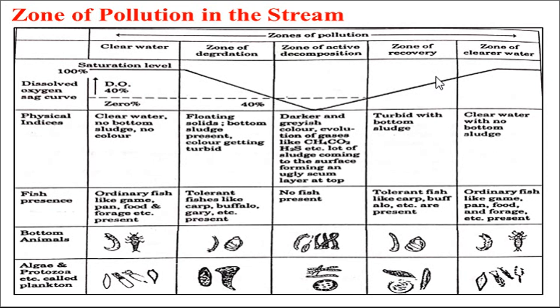Then different gases, maybe CH4, CO2, H2S, will be emitted from that water. Then in the zone of recovery, turbidity and sludge will be at the bottom, and after that the DO gets recovered, hence the water will look clear with no bottom sludge. These zones are explained in the next slides one by one.